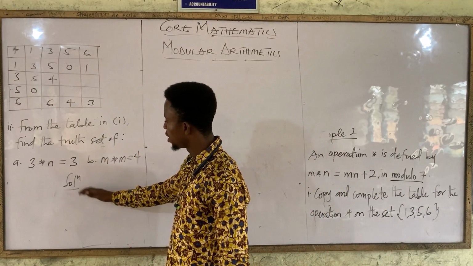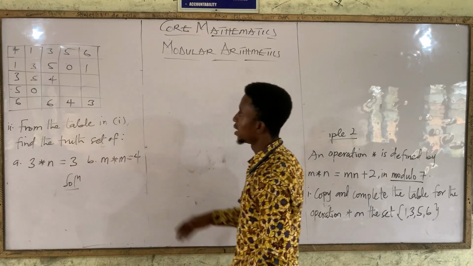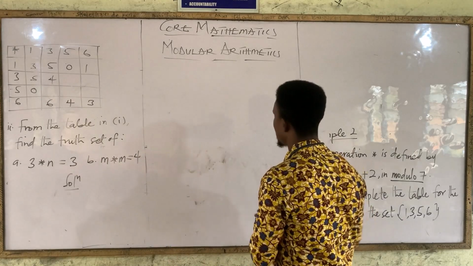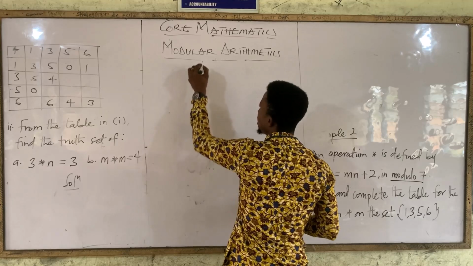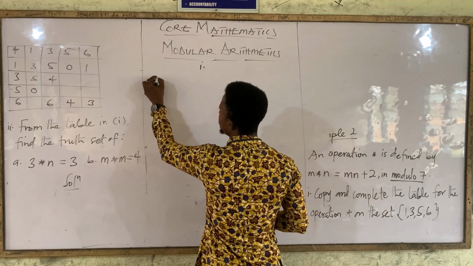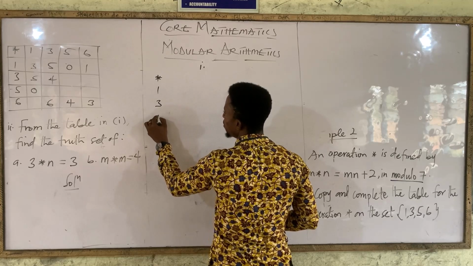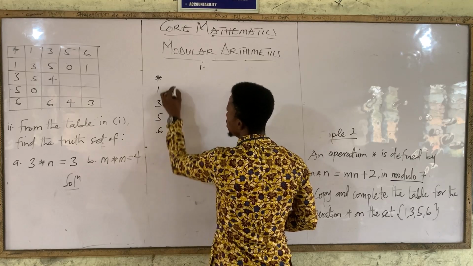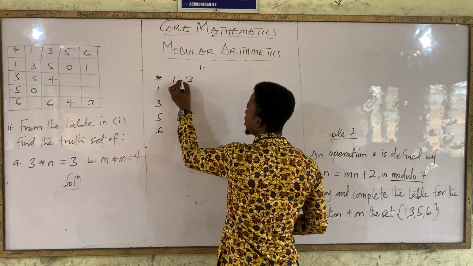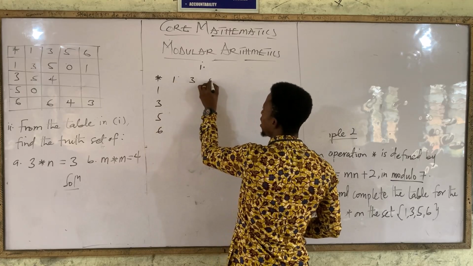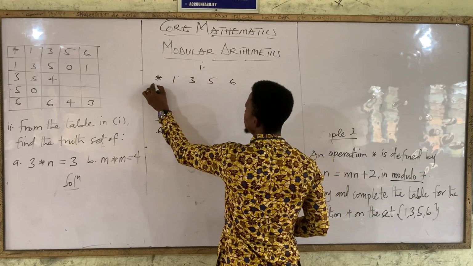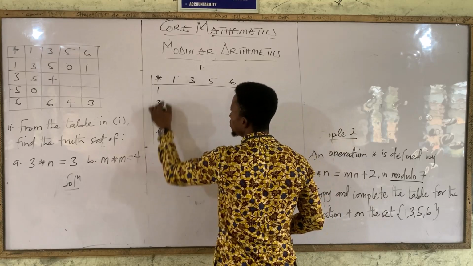Let's see if it will go here, it won't go here, so I want to write it here. So we have to copy and complete, that is the I. So I can put my I, then I copy the table, that is 1, 3, 5, and 6. So that is that.